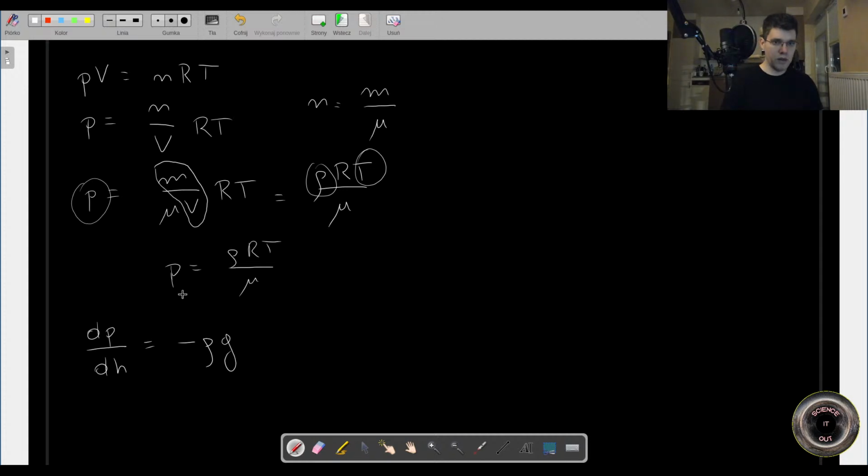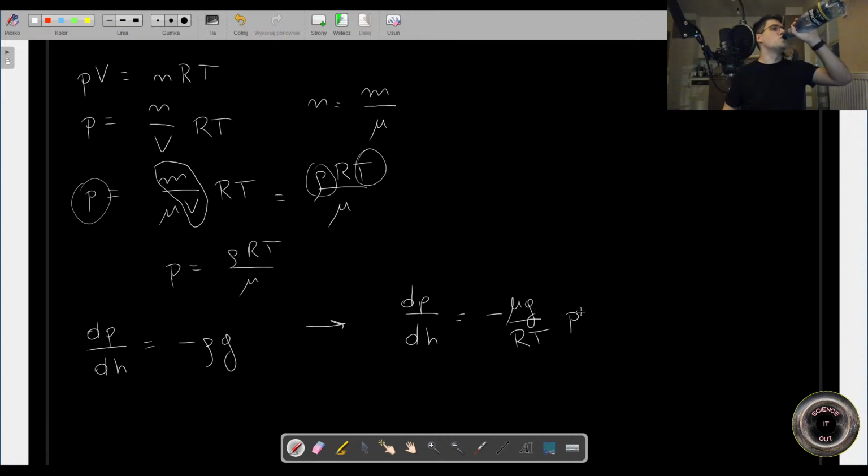So if we combine the two, we get that the derivative of pressure is equal to minus mu g divided by RT times P. And this is an ordinary differential equation, which can be solved if we know how T depends on altitude.